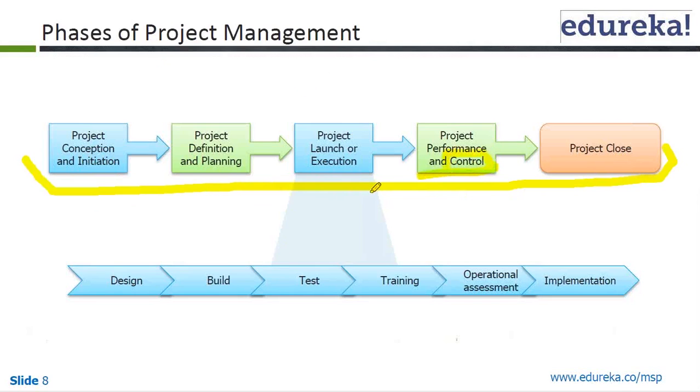This encompasses all the activities that we do since initiation, planning, and execution. We'll take one example. When you do the project conception and initiation, one of the important deliverables that you get is the project charter.